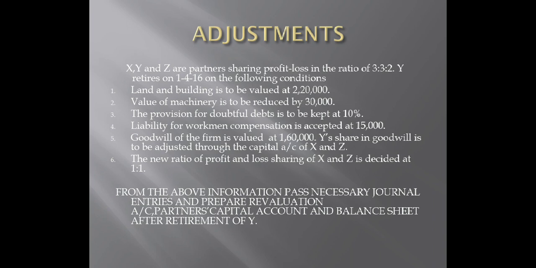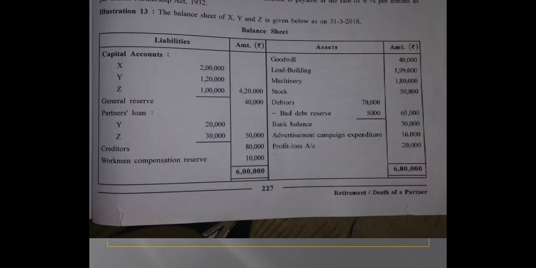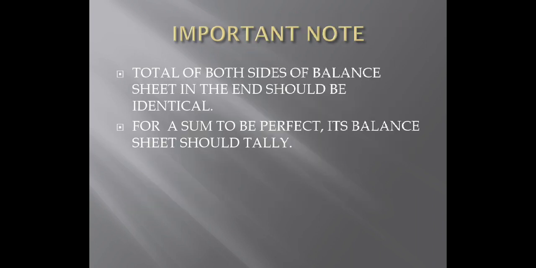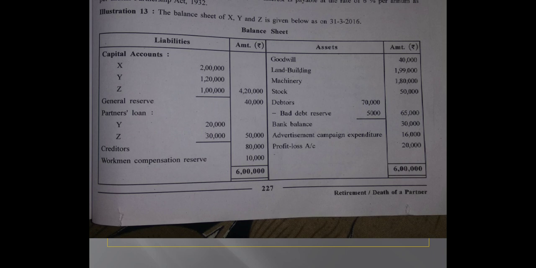Then the third step is that I should record all the opening balances. You can see here, record opening balances of partners capital, current account and cash and bank account. Let us see what the opening balances are.